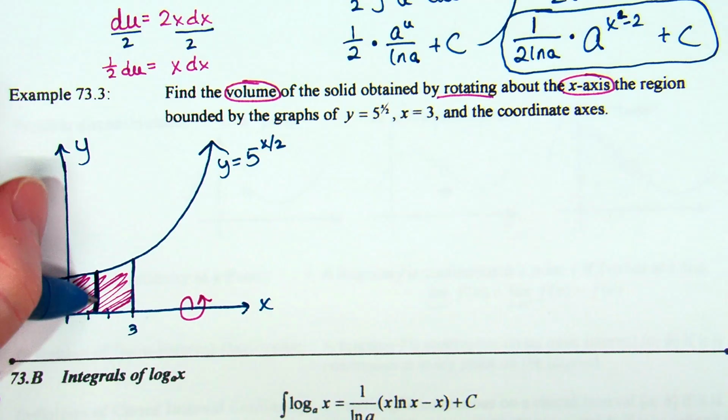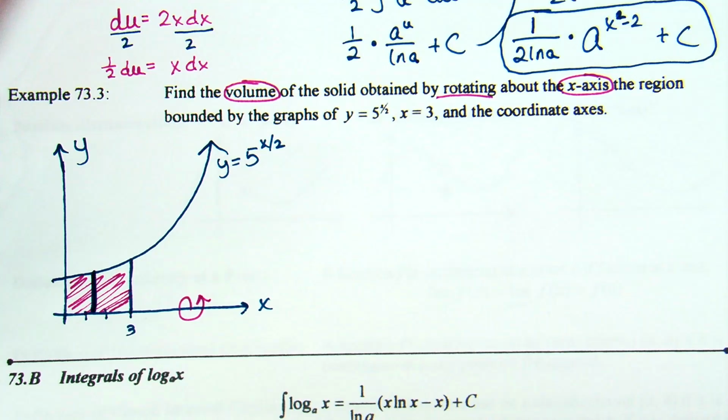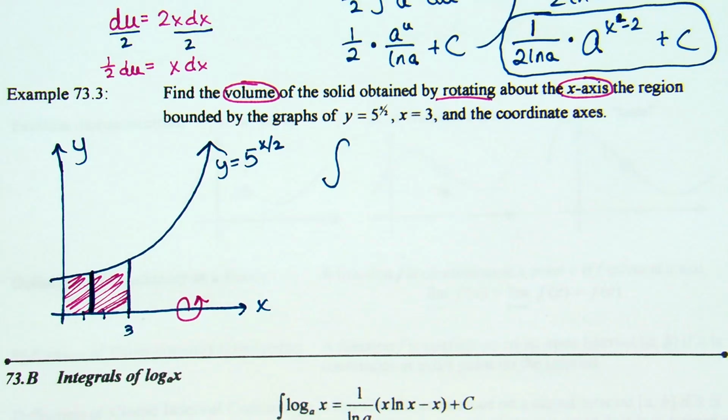Okay. Volume means to integrate. Oh, pi. Do you guys remember that? When you're rotating, you have to use pi r squared, right? Except that our radius is whatever the function is, because that's going to be the radius of the circle.